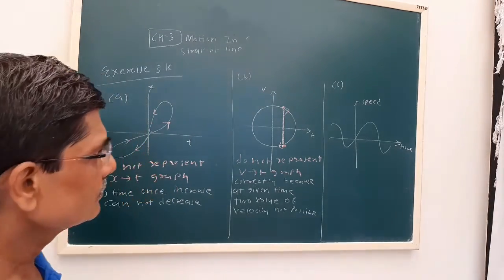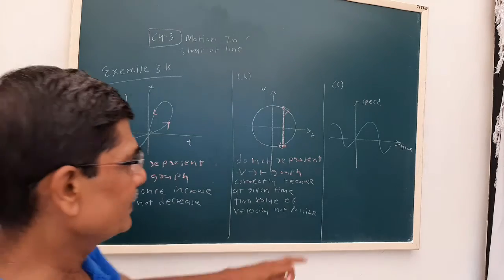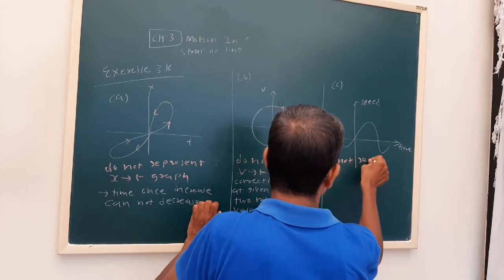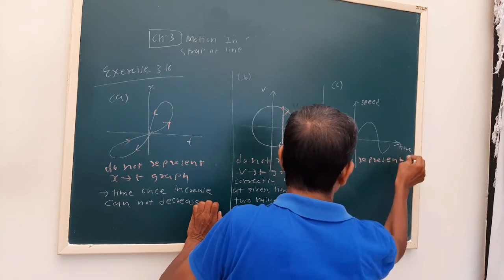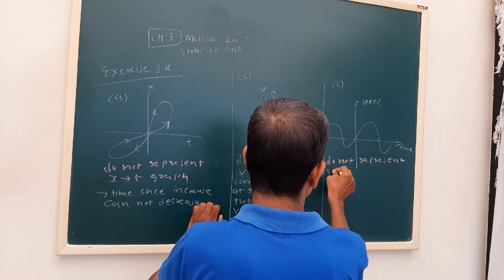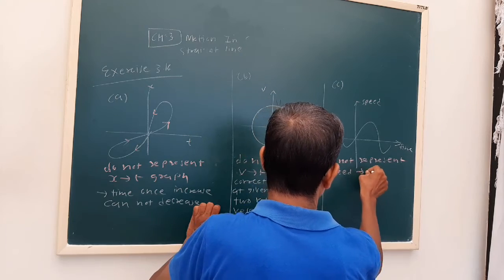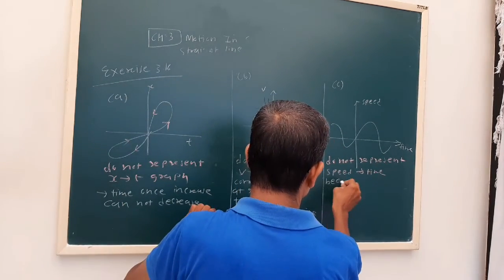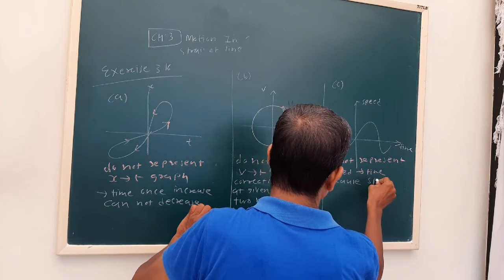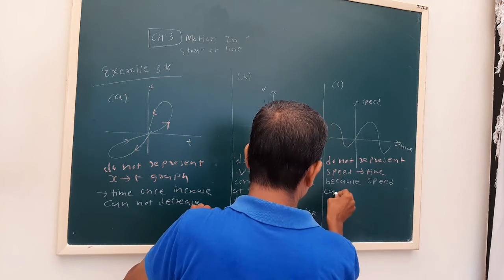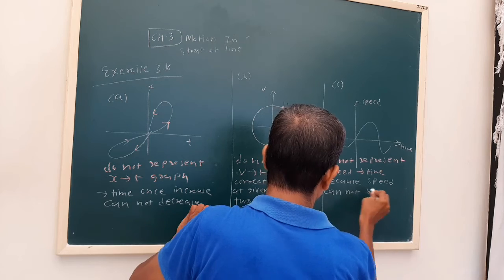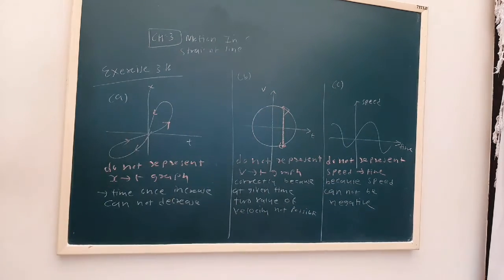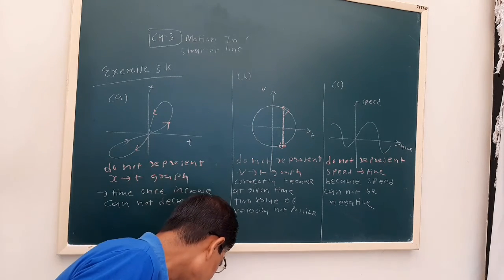Why? Because speed is a scalar quantity, speed cannot be negative. Okay. See the fourth graph.